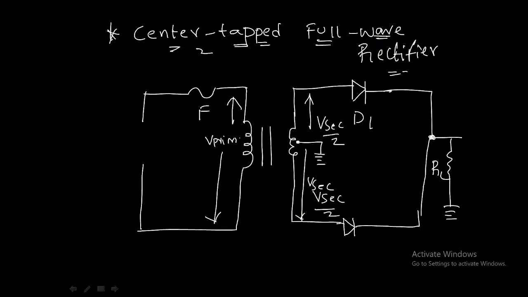Now here we are applying our input voltage. This is V input, and here we are going to get our output voltage, V out. So the positive cycles, if you observe, are the positive cycles of the input.